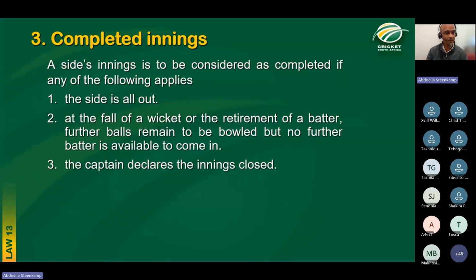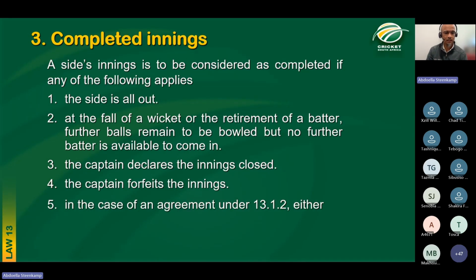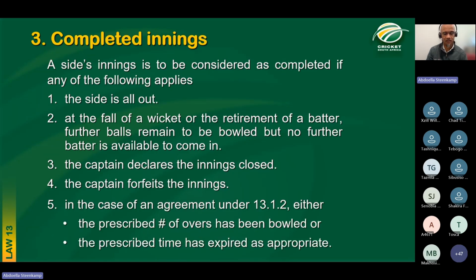As soon as a captain declares an innings closed, the law sees that innings as also completed. If a captain forfeits an innings, also the law sees it as a completed innings. And then lastly, I spoke about this in the previous law, where the law allows a bit of flexibility to limit your innings to a number of overs or to a period of time.